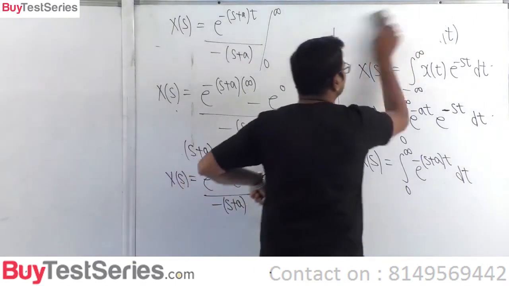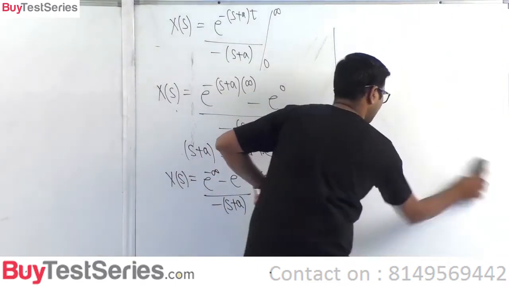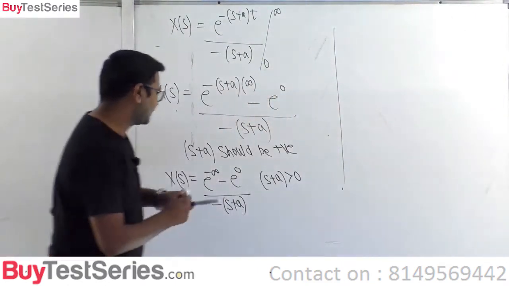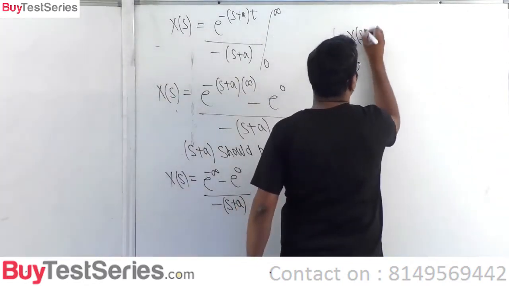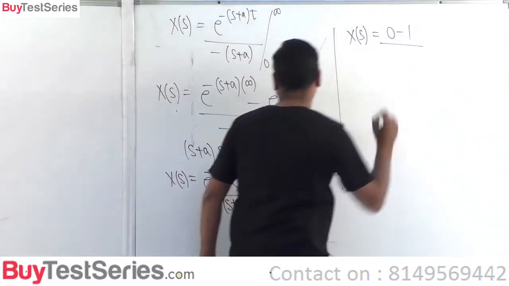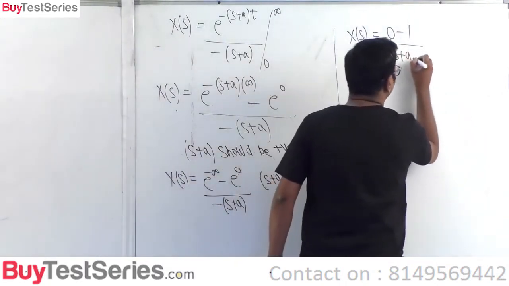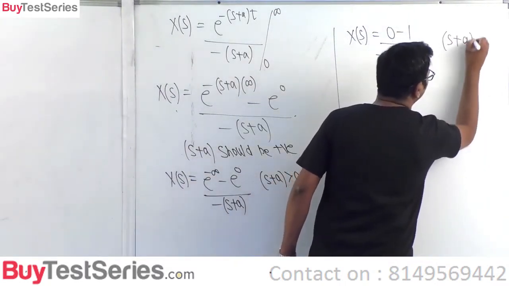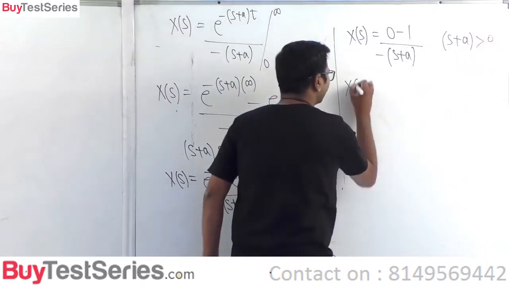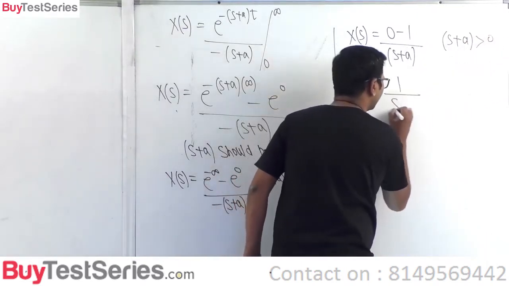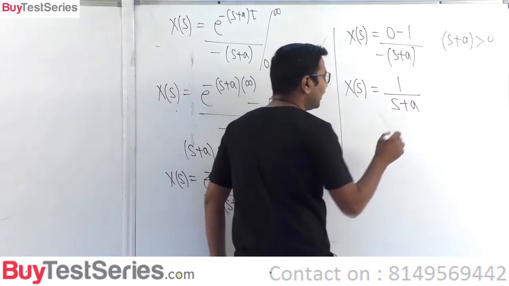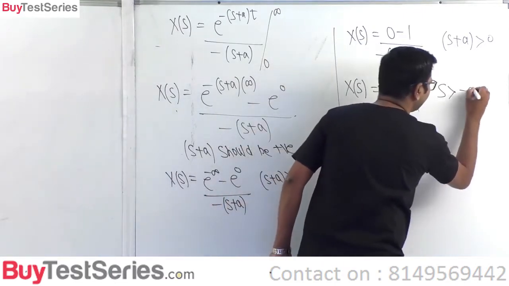Therefore, we can write capital X of s as 0 minus 1 divided by minus (s plus a), with s plus a greater than 0. So capital X of s comes out to be 1 upon s plus a, and this can be written as s greater than minus a.